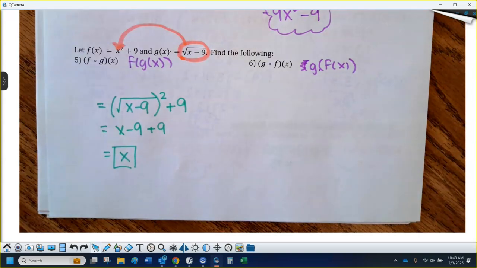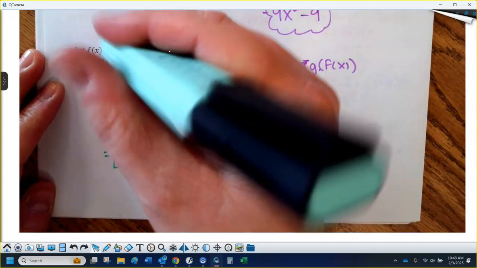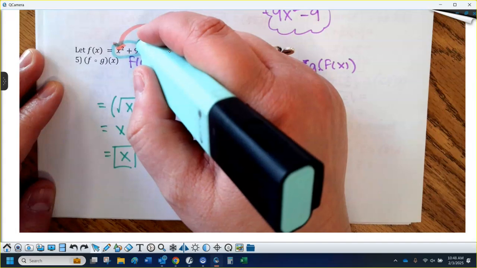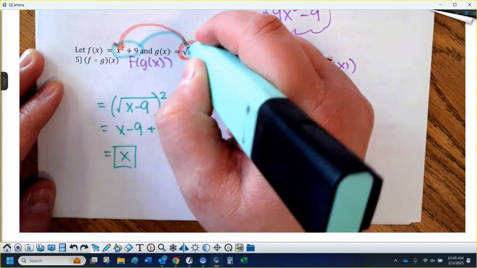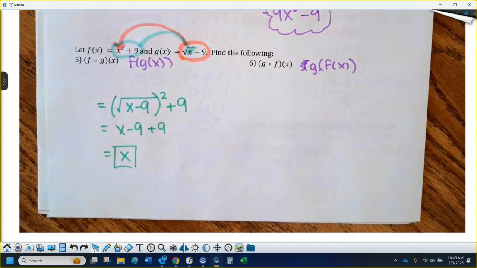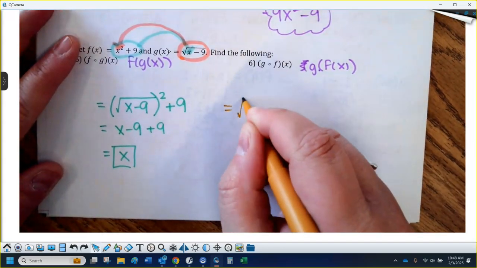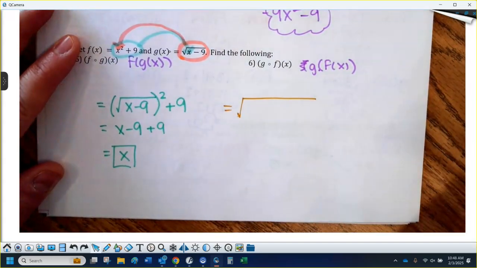All right, the other one, if I go the other way, so this is g of f of x. That means I'm going to plug this mess in for x in the g of x function. I'm just going to make a big square root here.